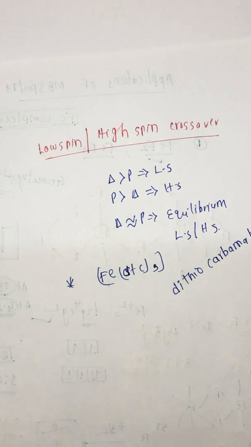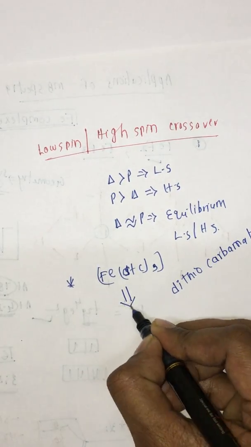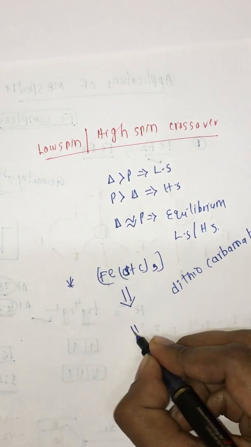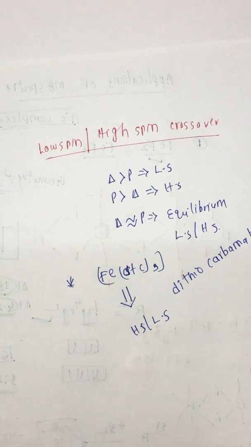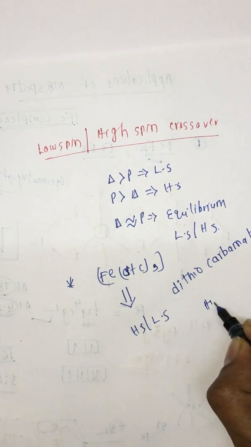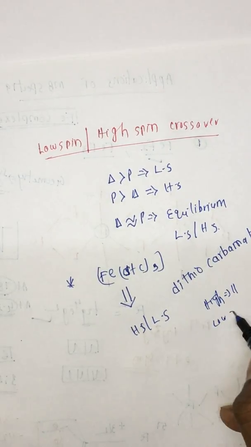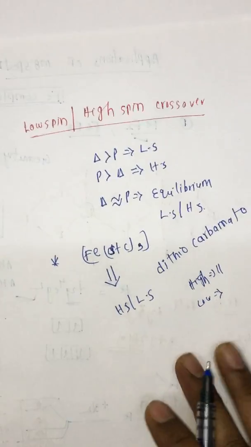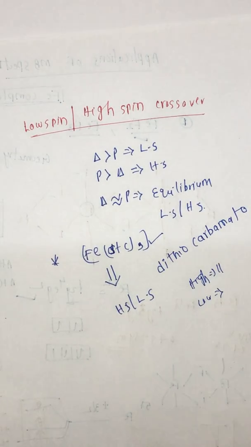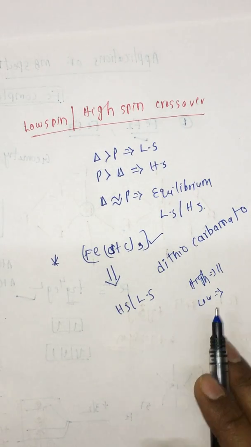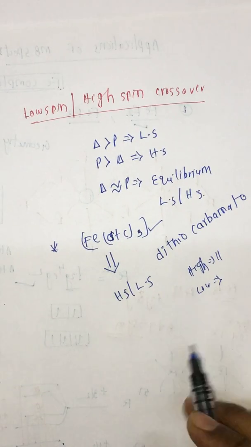Okay, so this exists as an equilibrium between high spin and low spin at all temperatures. Some complexes at high temperatures exist as high spin or low spin, and at low temperature they may exist as low spin or high spin, but this complex will exist as an equilibrium at all temperatures, high spin as well as low spin.